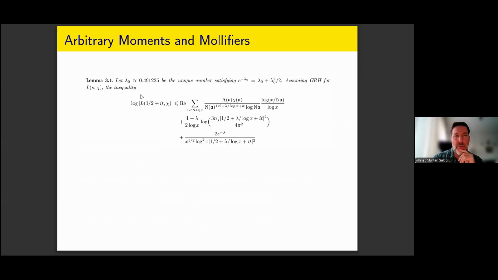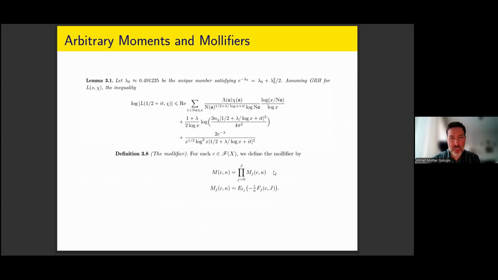So this is an upper bound you can use for that, and then you have to multiply both sides by k and then exponentiate both sides, and then good luck. Then you will have 50 pages coming up. Okay, these are the modifiers that one uses. As I said, these are supposed to behave like the inverse of the L function that you have so that they will cancel each other.